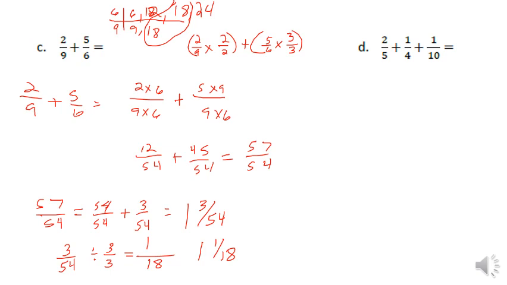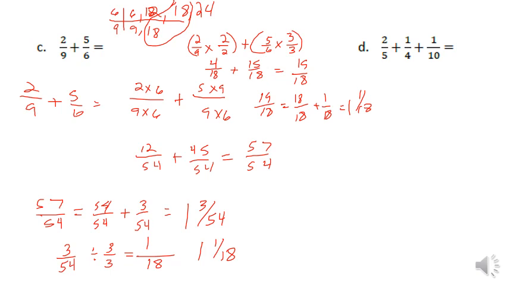Now when I multiply this, I'm going to get 4/18 plus 15/18, which equals 19/18. 19/18 equals 18/18 plus 1/18, which equals 1 1/18. Same answer, just a different way of doing it.